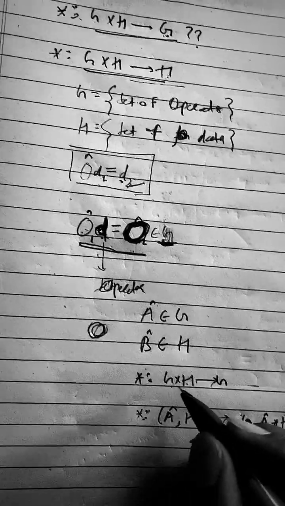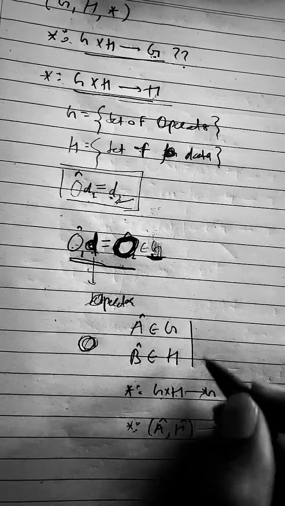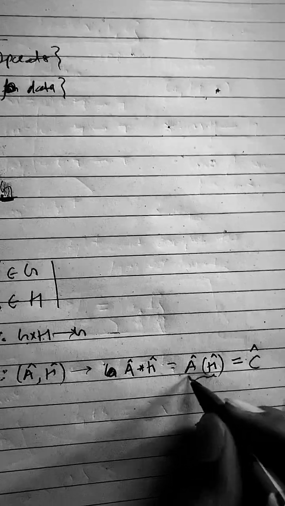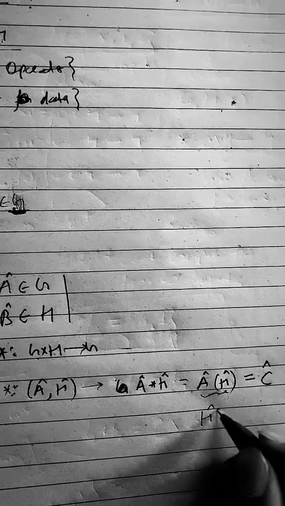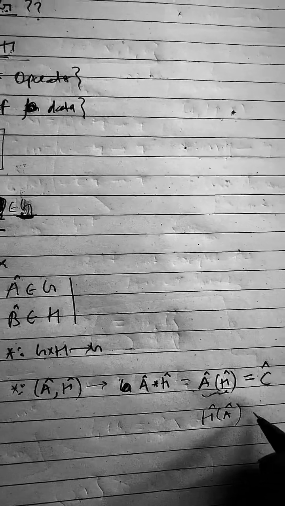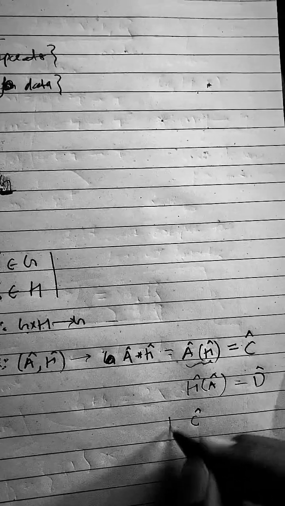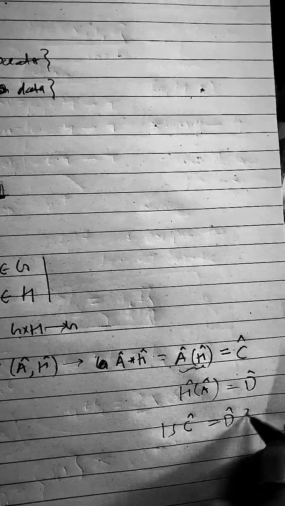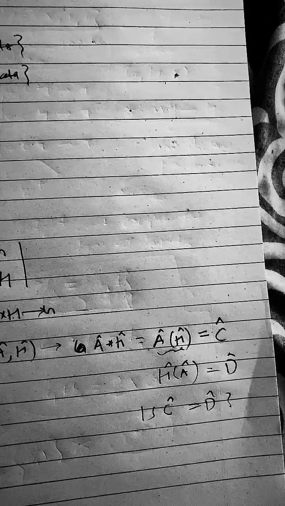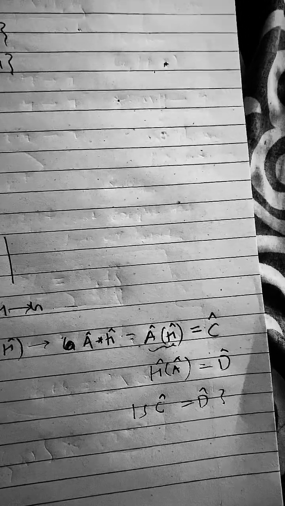What if this happens? Let's say we switch this: H acting on A. Let's say we get some operator D. Now is C equal to D? That's a legitimate question.